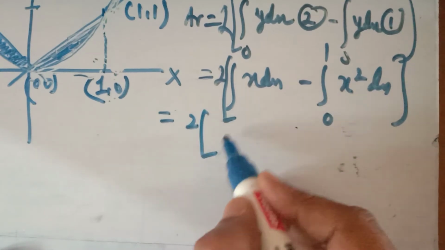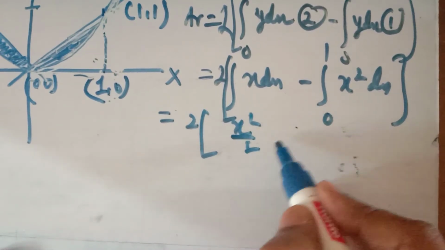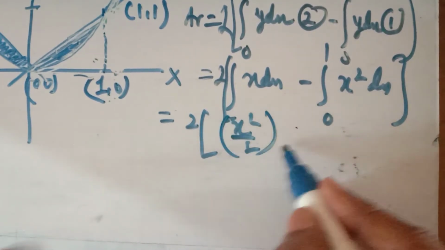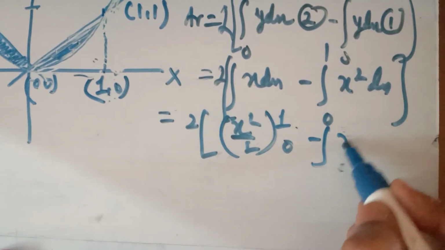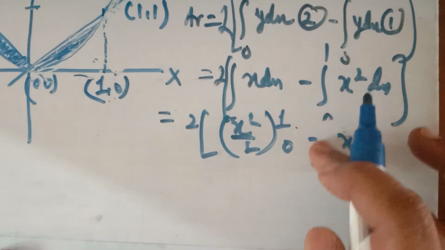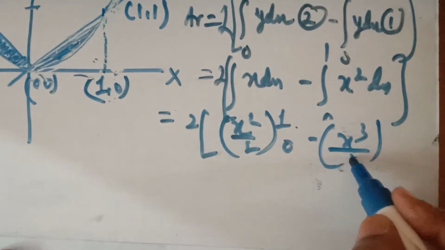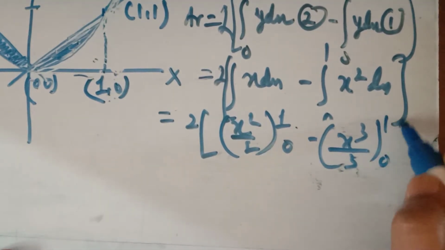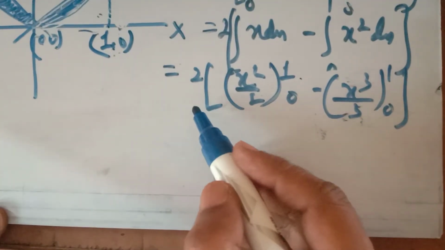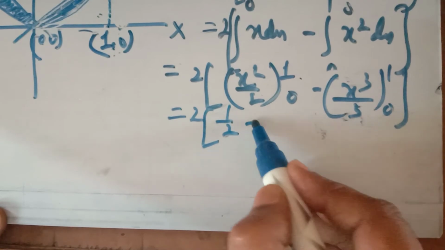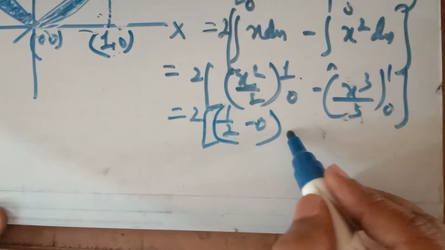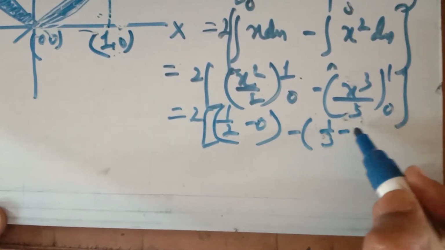So 2 times the integration of x is x²/2, with limits from 0 to 1, minus the integration of x² is x³/3, with limits from 0 to 1. So find the upper limit and lower limit: upper limit minus lower limit here, and upper limit minus lower limit there.